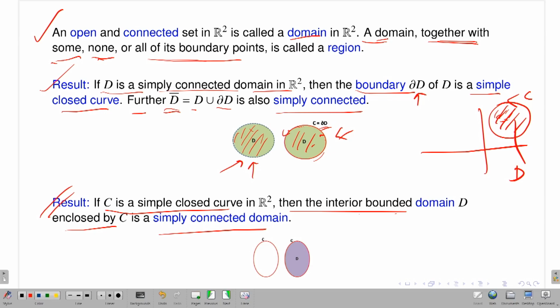So this is an if and only if. Given a simply connected domain, the boundary will be a simple closed curve. Given a simple closed curve in R2, the interior bounded domain enclosed by C, which I denote as D, is also simply connected.